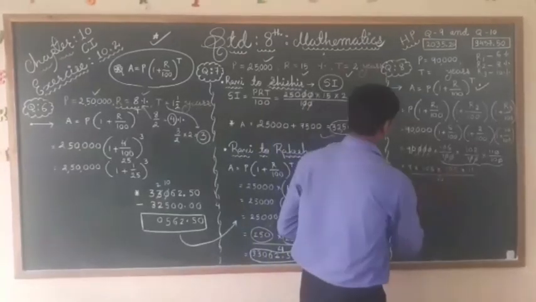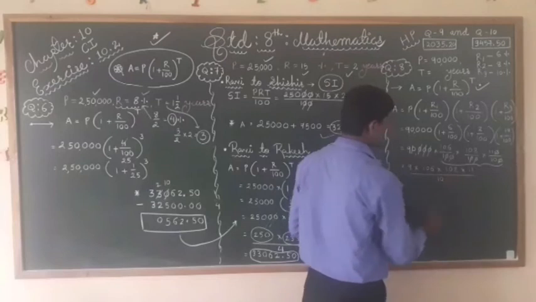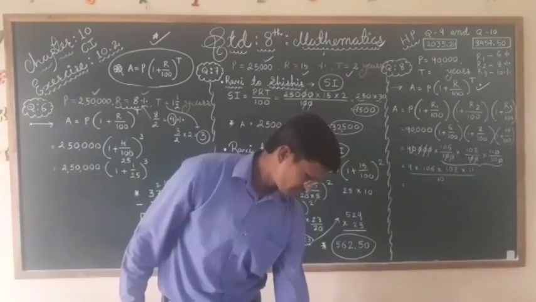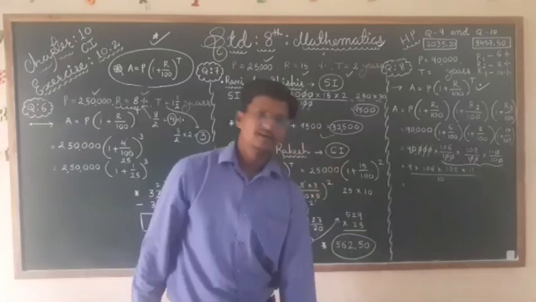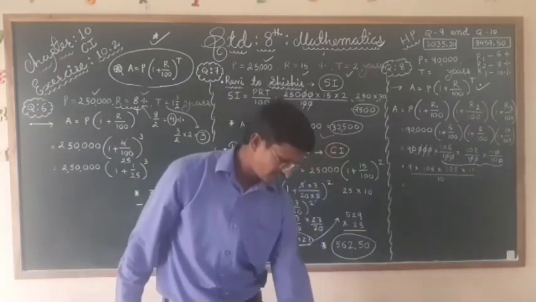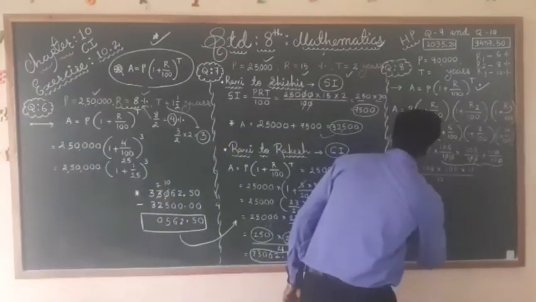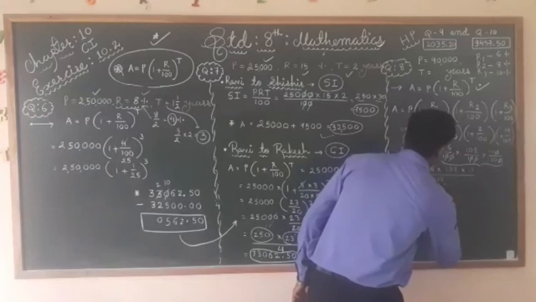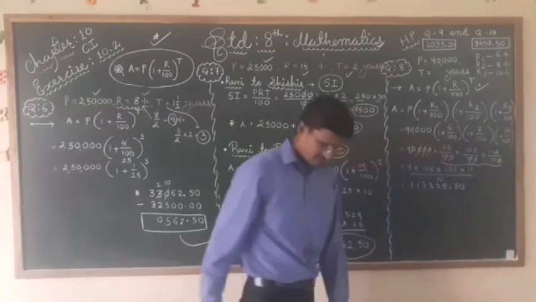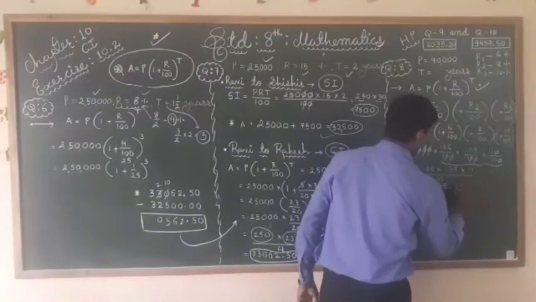So we multiply this. If you multiply this, you will get the answer. It is a big multiplication if you do. So it will be 1,13,335.50. Okay, that type of answer, sorry, 0.20 you will get.